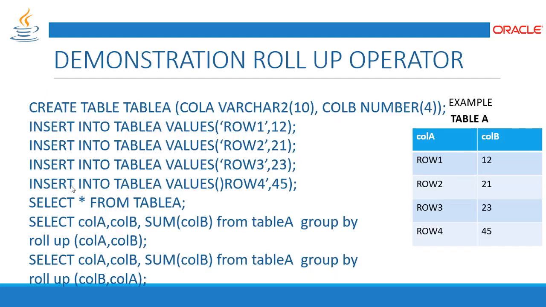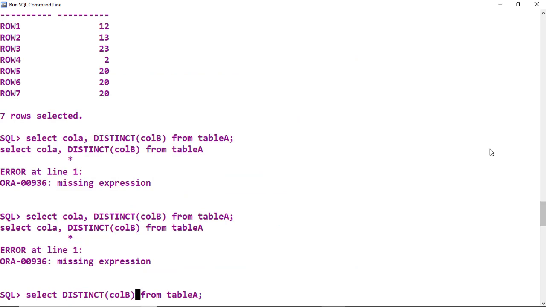To understand it better, let's have a small demonstration where we are going to have column A, column B, and provide the addition of column B values because these are number values. So we can provide some kind of aggregate function, sum, or we're going to present column A, column B, and perform some function between them.